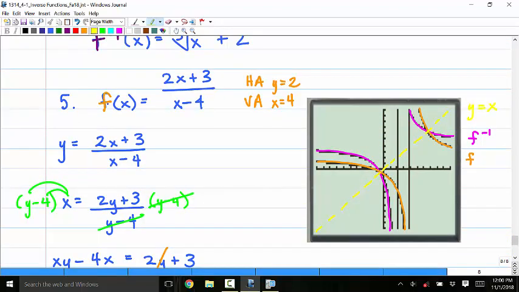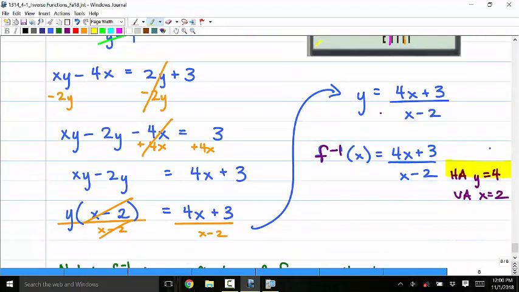For my function, my vertical asymptote was x equals 4. Functions and their inverses, you switch x's and y's, right? So vertical asymptote x equals 4 becomes a horizontal asymptote y equals 4. On my function, the horizontal asymptote y equals 2. For the inverse, I'm going to switch it, and it becomes x equals 2.